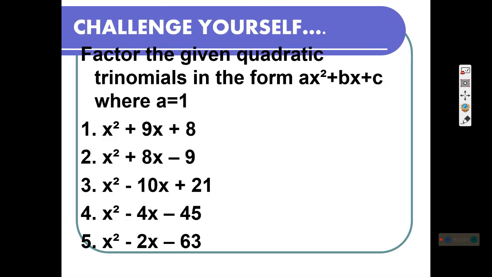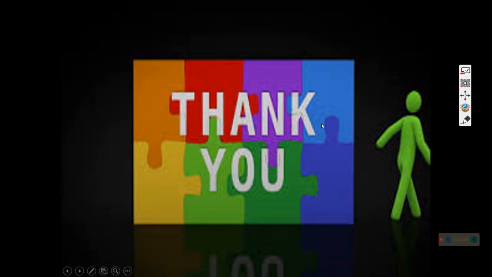Then, practice so that on our next meeting, whether it is in synchronous or asynchronous schedule, once I give you the link of our quiz or activity, you have your mastery on how to factor quadratic trinomials where a is equal to 1. So that's all, and thank you for watching.